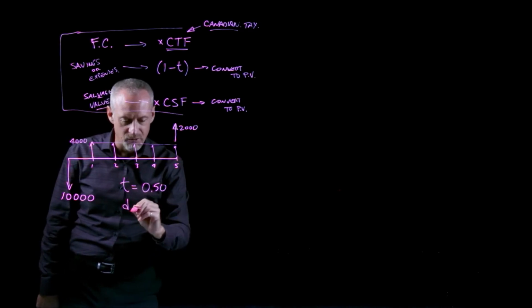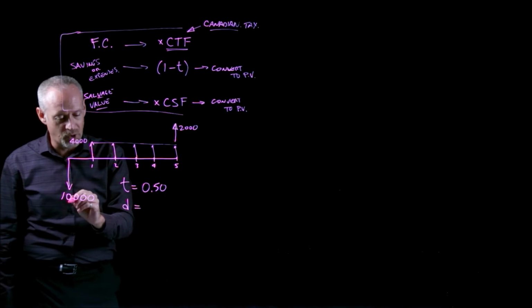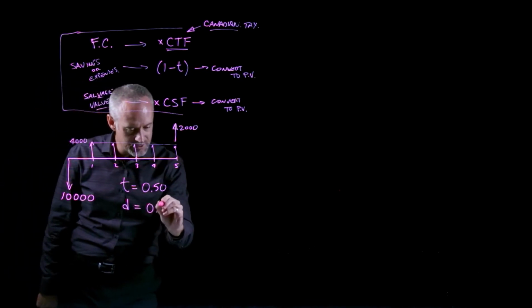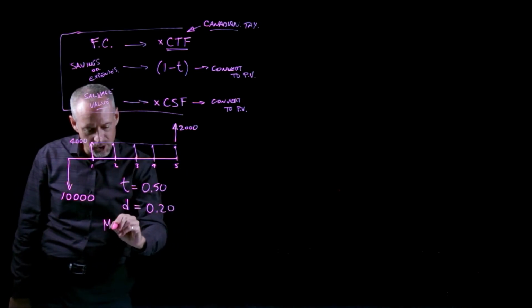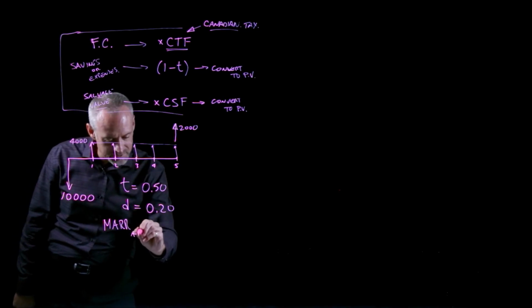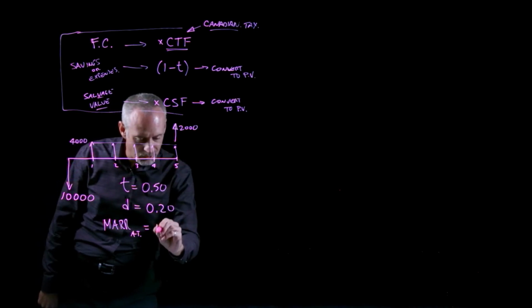The depreciation rate for this particular type of property or asset is 20%. And the company uses a MARR for after-tax calculations equal to 12%.